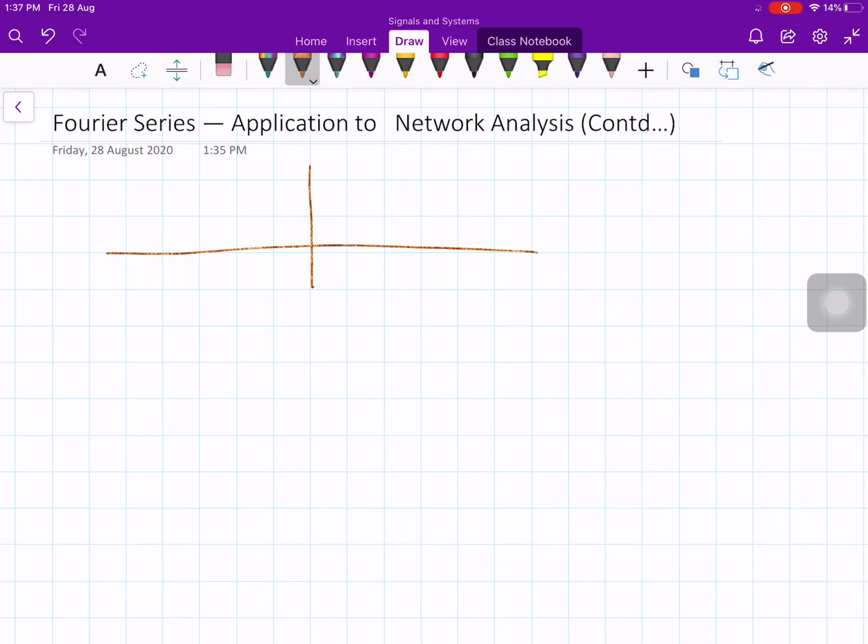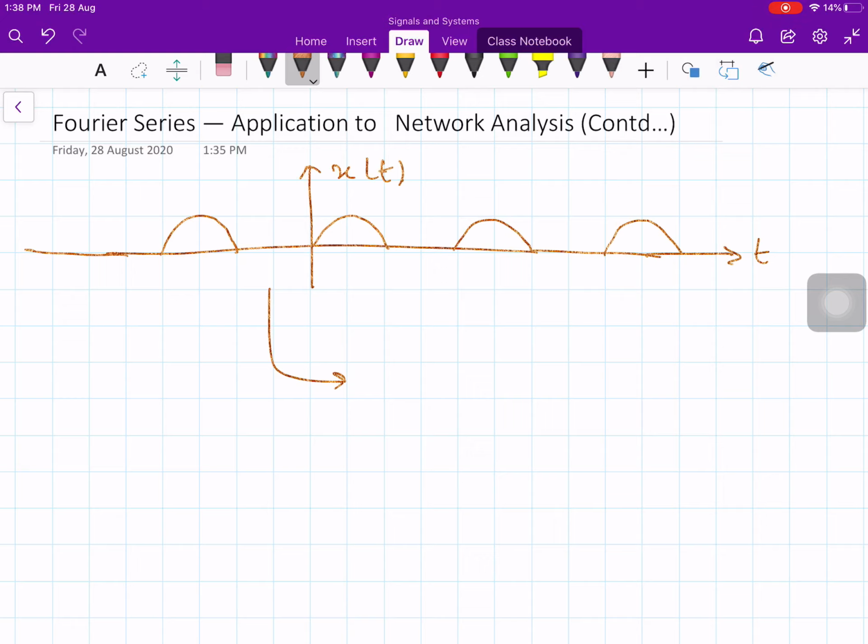Okay, so let's say the waveform is like this, but now this waveform is applied to a circuit like this. Applied to an electrical circuit.